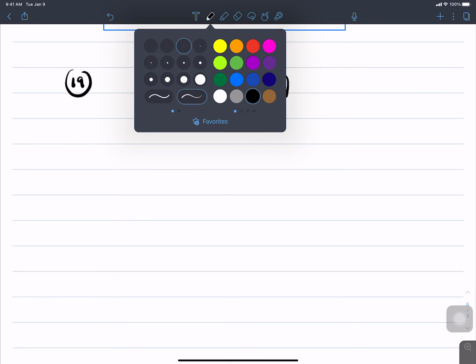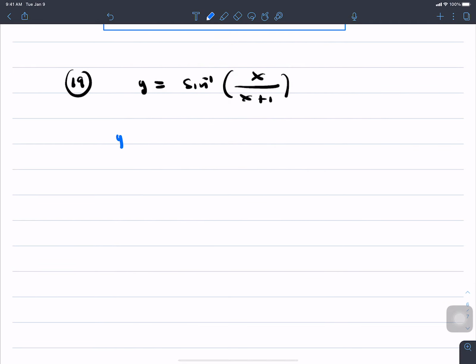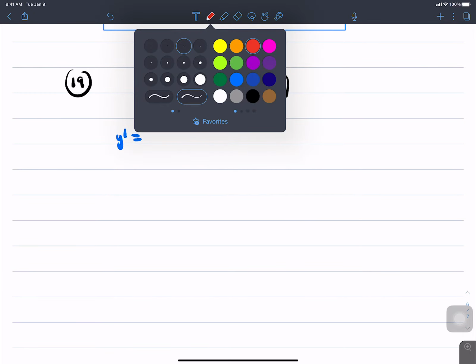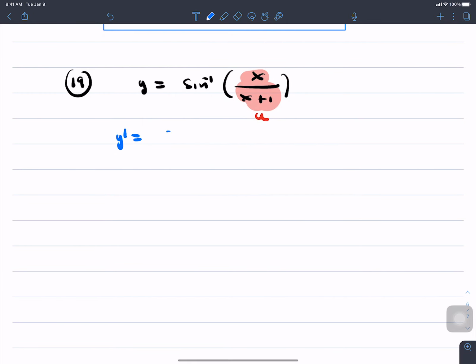And so y prime, remember, since you have a function here, we're going to call this function u. The derivative of the inverse sine is 1 over square root 1 minus u squared, du dx by chain rule.